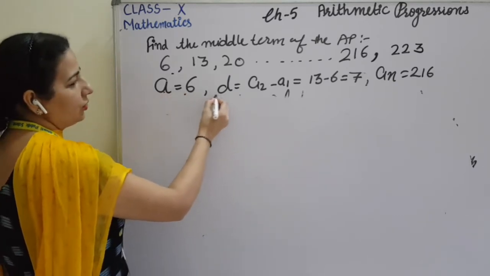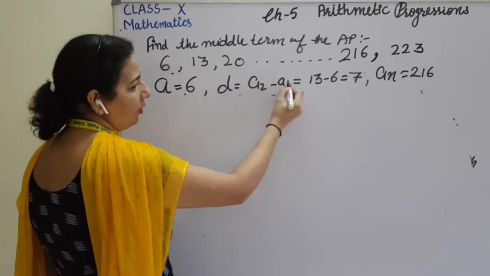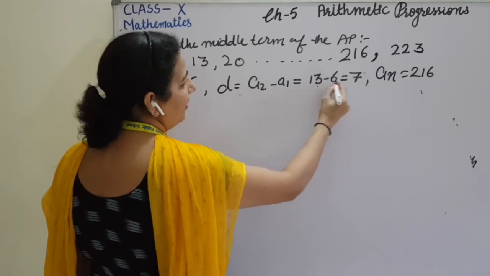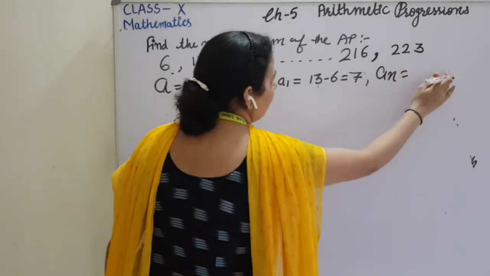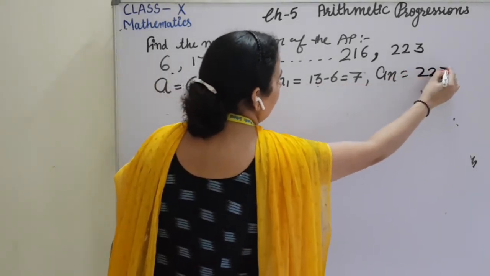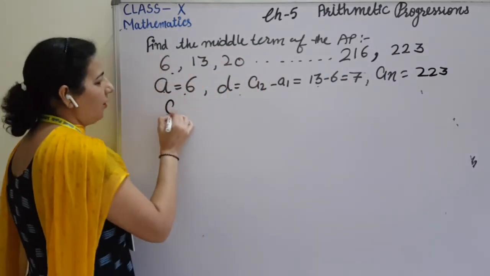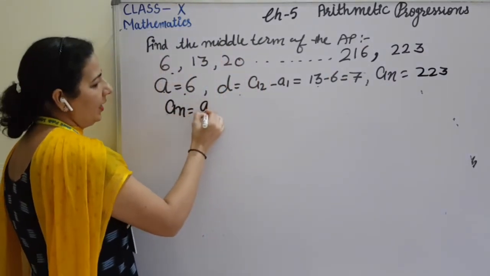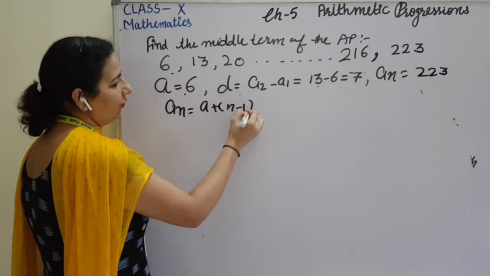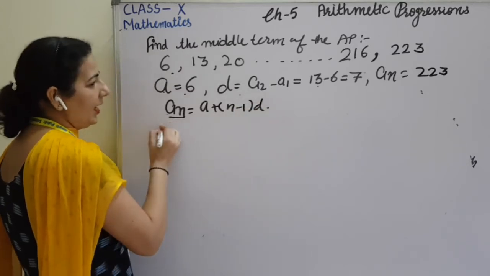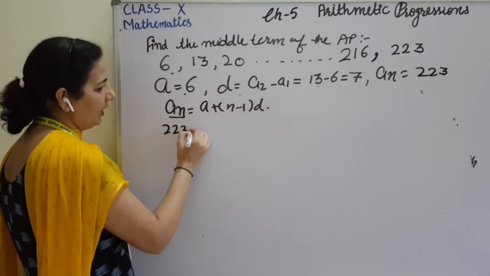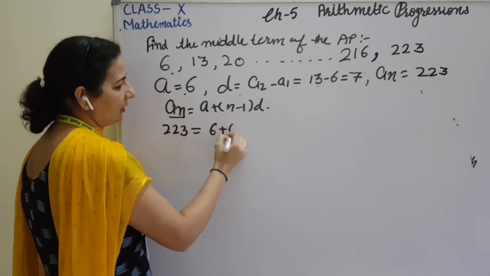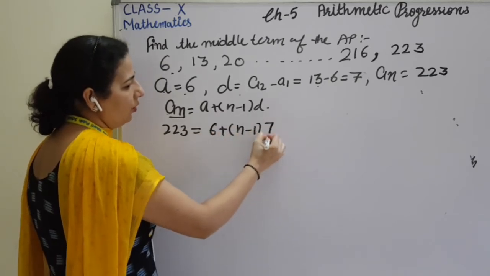A is equal to 6, D is equal to A2 minus A1, that is 13 minus 6, which is 7. The last term will be changed, the last term is 223 here. Now apply the formula of An: A plus (n minus 1) into D. An is 223, A is 6, (n minus 1) into 7.